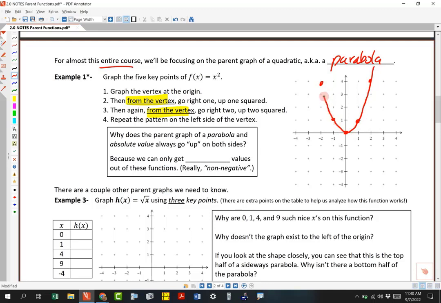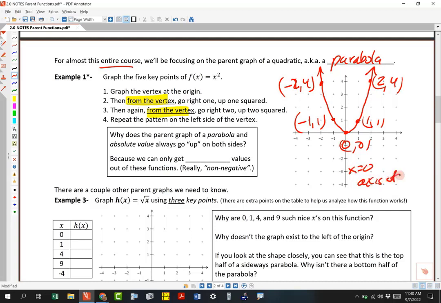Now, if we were doing this on a test and we wanted to make sure that we got this right, we'd want to label these. This is 2, 4. This is 1, 1. This is 0, 0. Negative 1, 1, and negative 2, 4. And if we wanted to get really fancy, we could say x equals 0 is the axis of symmetry.